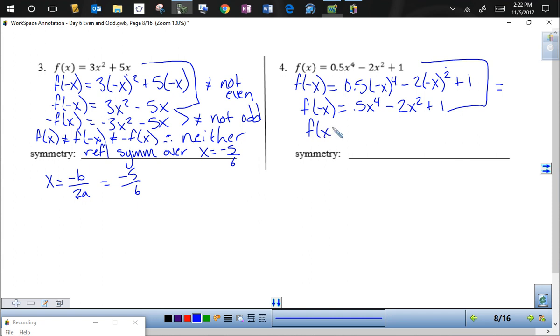So f of x was the same as f of negative x, and that was our first test for an even function. And if it's even, we know it has reflection symmetry over the y-axis. If you want to say x equals 0, because that's the equation of the y-axis, you're welcome to do that.